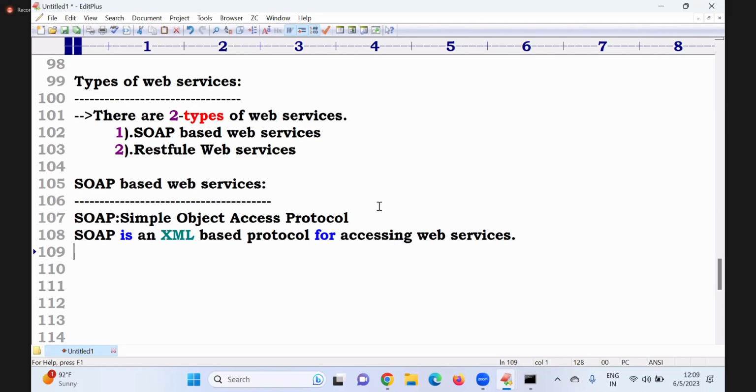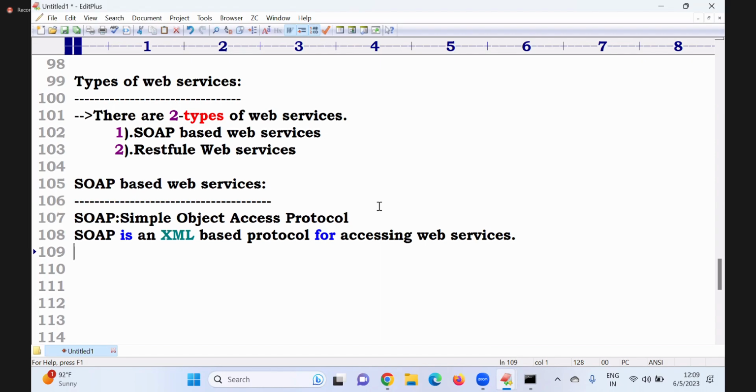Amazon, you were asking. Only Google is using SOAP. Amazon, Flipkart, Yahoo use RESTful services.